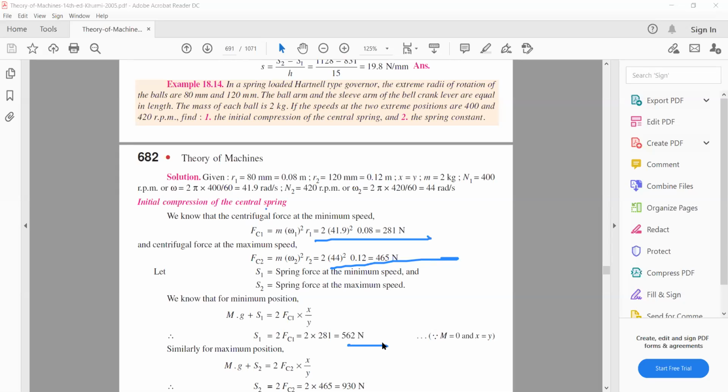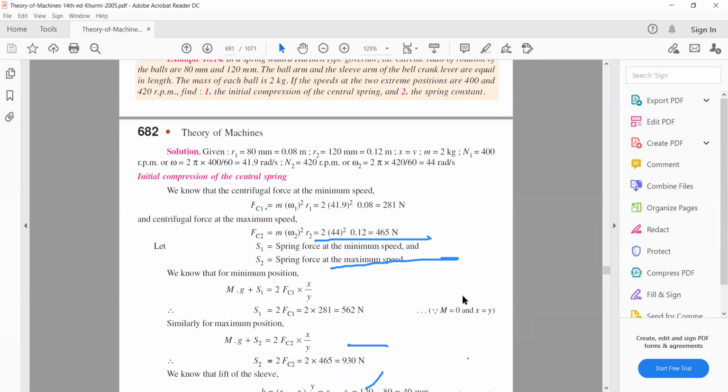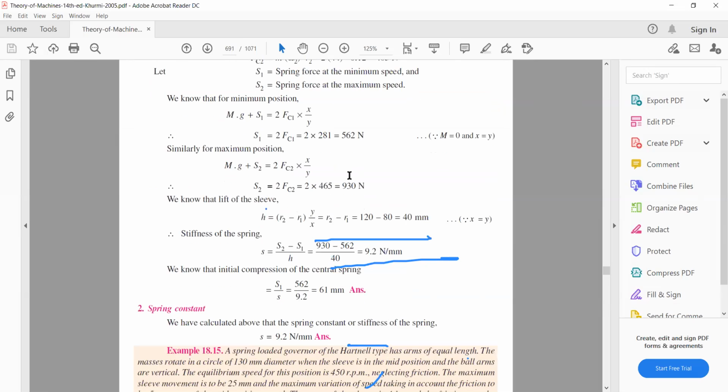Similarly, at the maximum position, mg plus S2 equals 2FC2 into x by y. S2 comes to 930 Newtons.